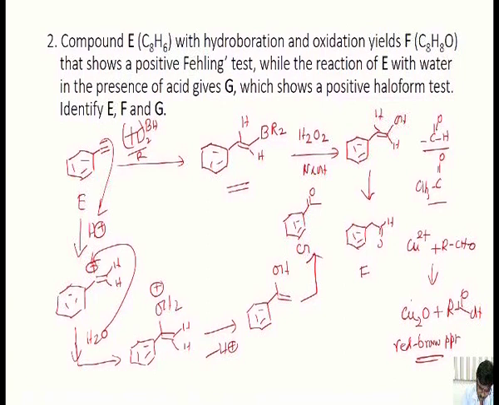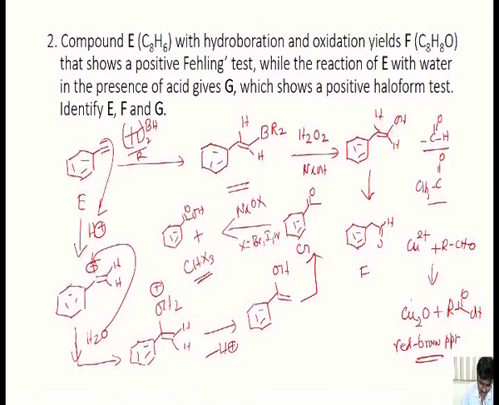You can see here compound G shows a positive haloform test. That means it has a methyl group which is bonded to the carbonyl group. When you treat this compound with sodium hypohalite, it can oxidize into benzoic acid and haloform. The structure of compound E is now phenylacetylene.